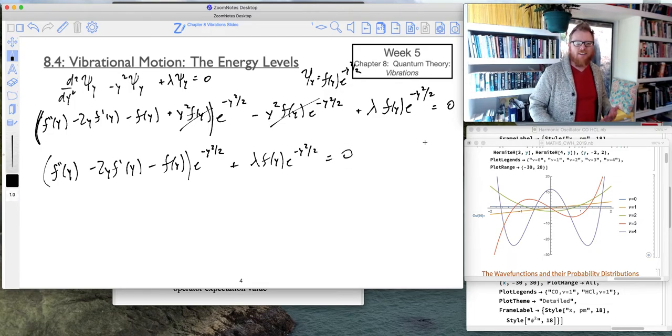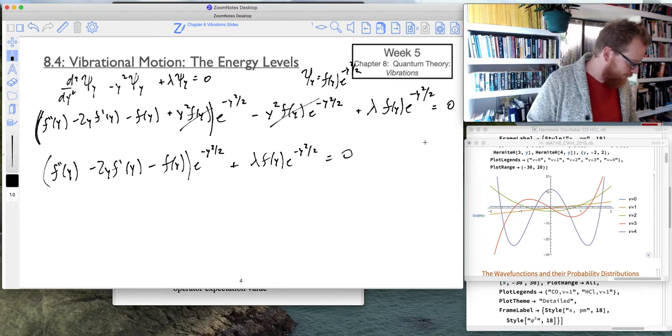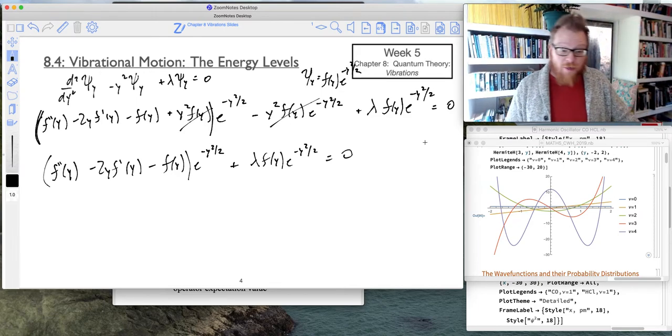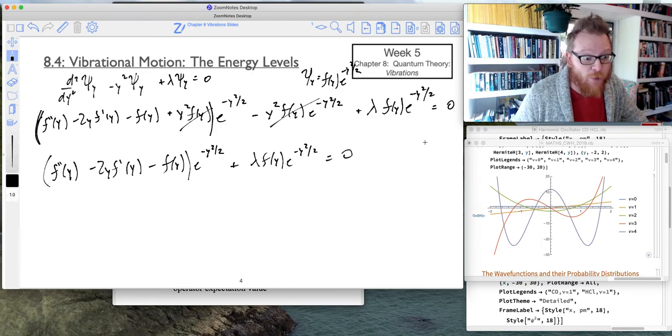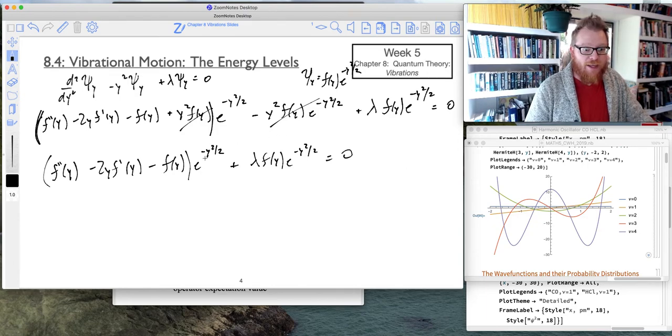And this is something we can reasonably work with. If we keep going, I could even cancel the e to the y squared divided by 2. So we can cancel those out and keep simplifying.